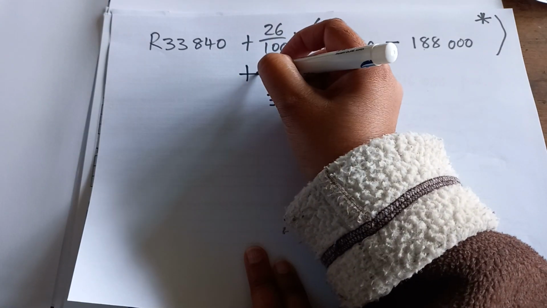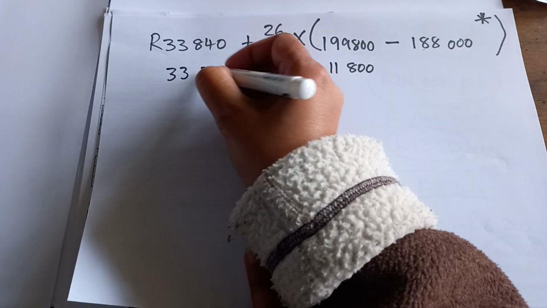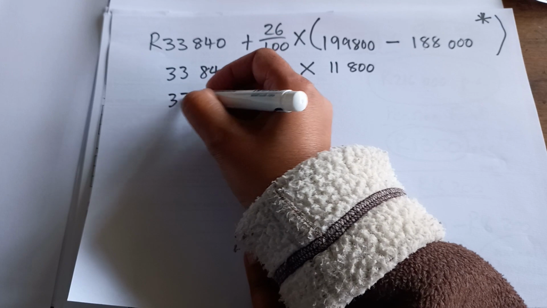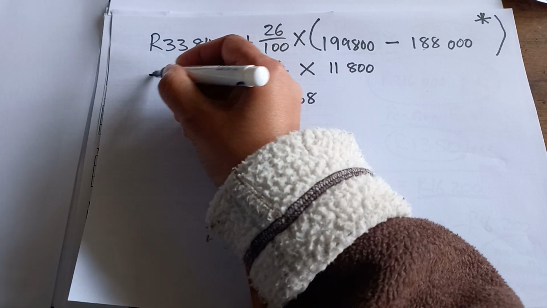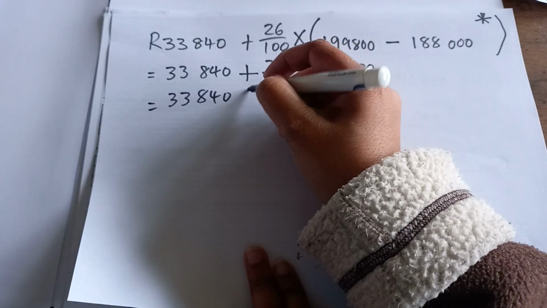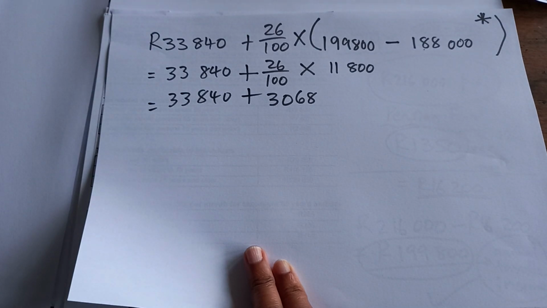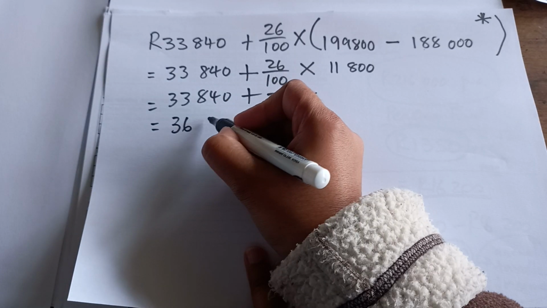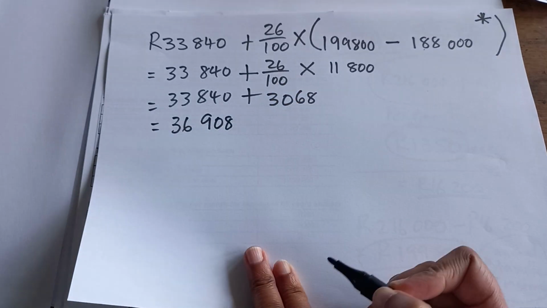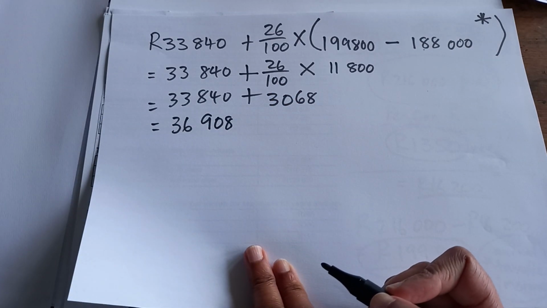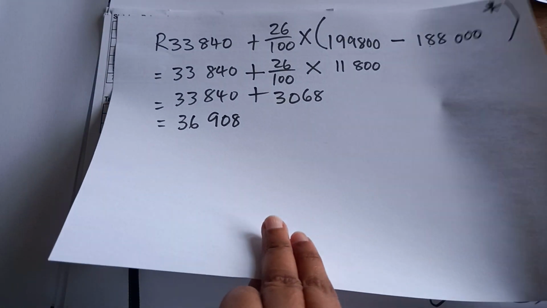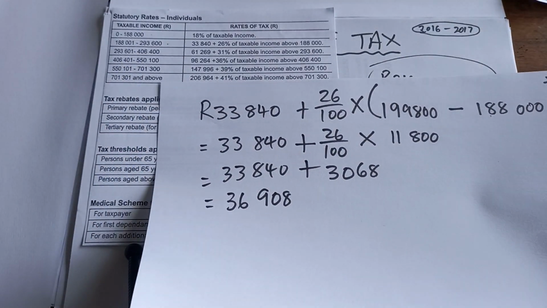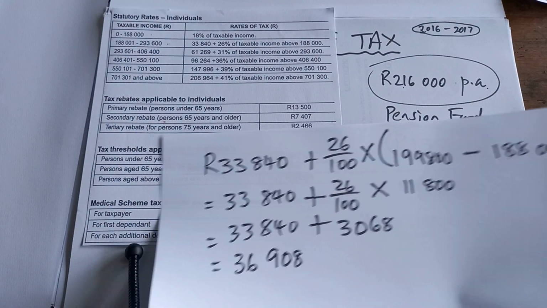Now I'm going to add my 33,840. Okay, so let's add that. We're going to get 36,908 rands.